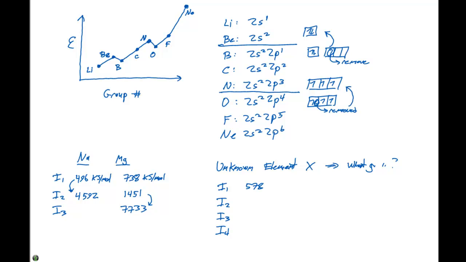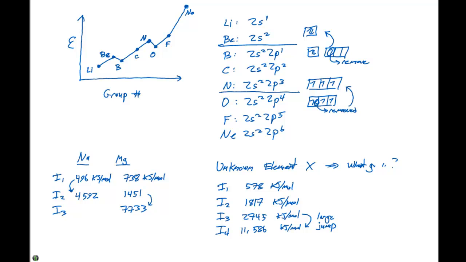The first is 578 kilojoules per mole, the second is 1817, the third is 2745, and the fourth is 11,586 kilojoules per mole. So the large jump in ionization energy that we see is from 3 to 4.